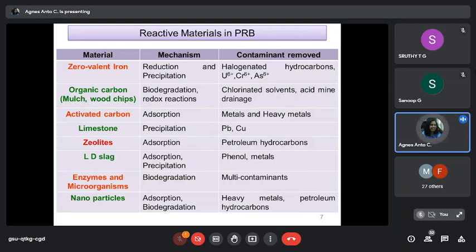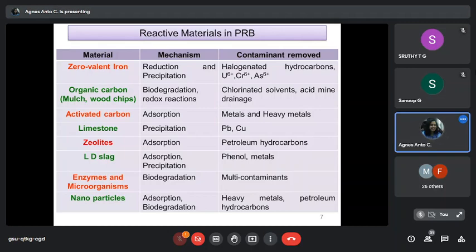If I have sulfate reducing bacteria in my PRB, this can reduce the acidity level of the acid mine drainage. So if I can use organic materials which can grow sulfate reducing bacteria, then I can decontaminate my acid mine drainage. Mulch is a very good example, and even chlorinated solvents can be biodegraded using these organic carbon rich sources.